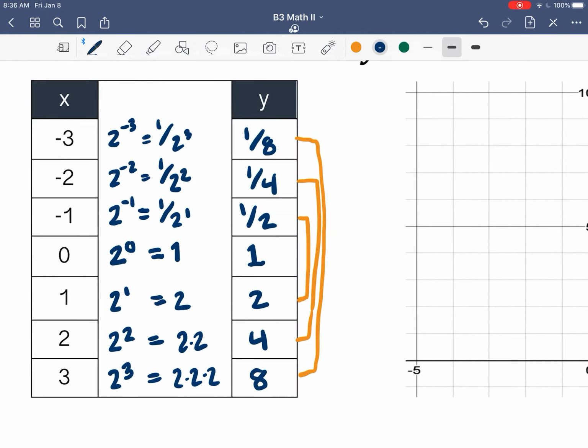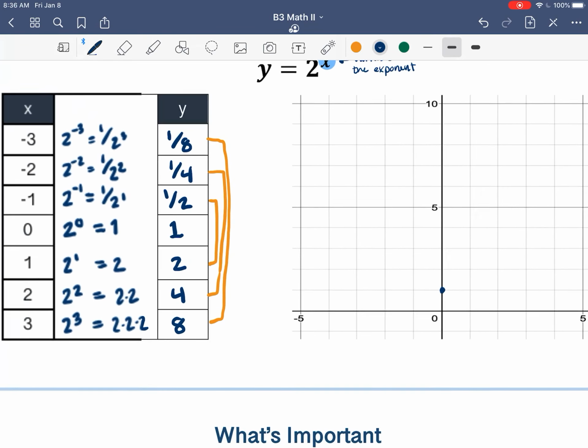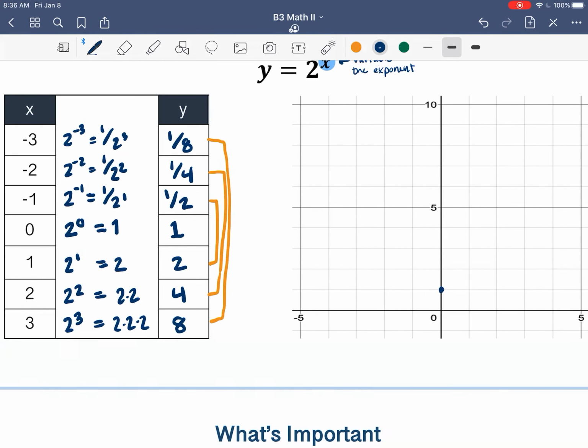So I'm just going to start plotting these points. I have a 0, 1 point, and then hopefully you have these written down, and then a 1, 2 point, and then a 2, 4 point, and then a 3, 8 point, and then going in the negative direction I have 1/2, and then a 4th, and then an 8th, and then I run out of my table.